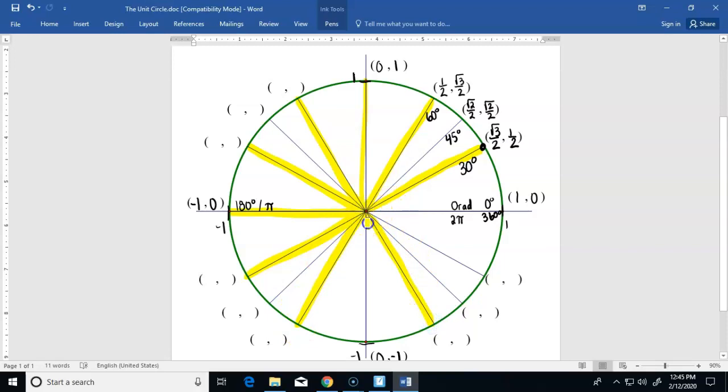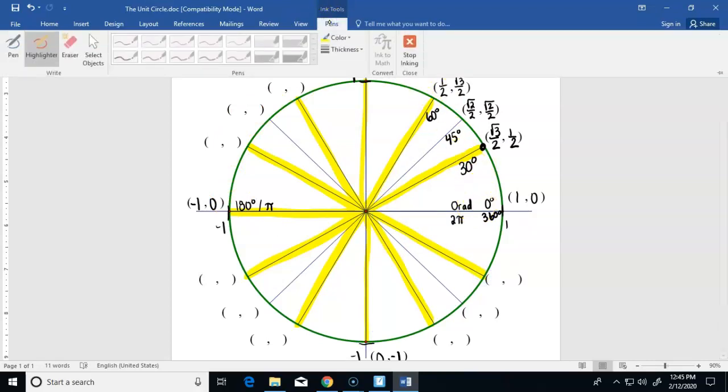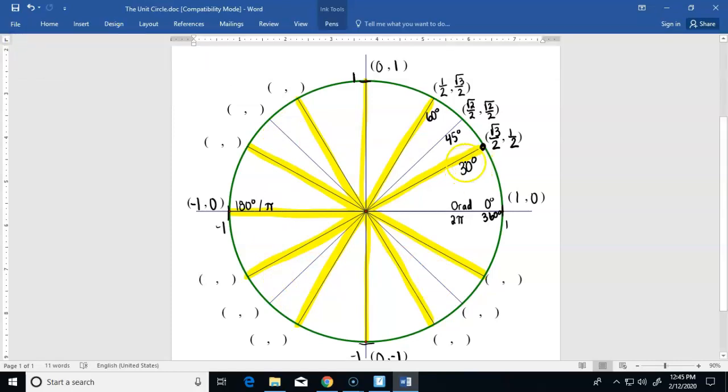Notice it just skips these 4 numbers right here. So this is going to fill in most of the unit circle for us. So this is 30 degrees, this is 60 degrees, this would be 90.